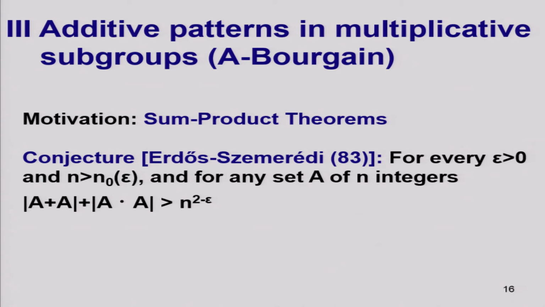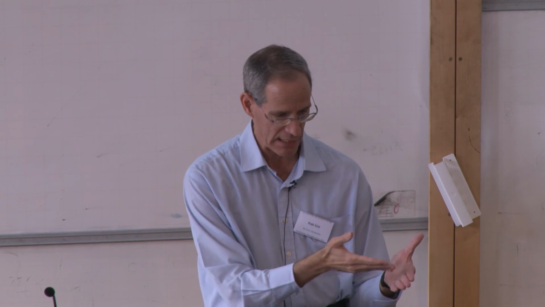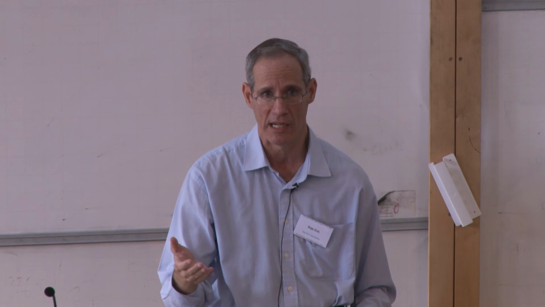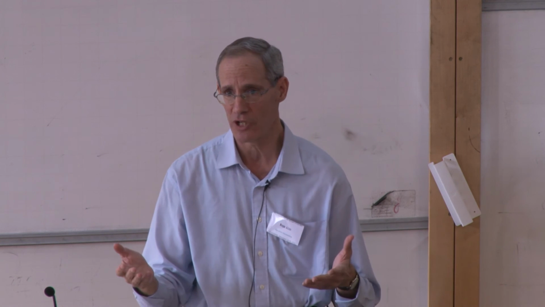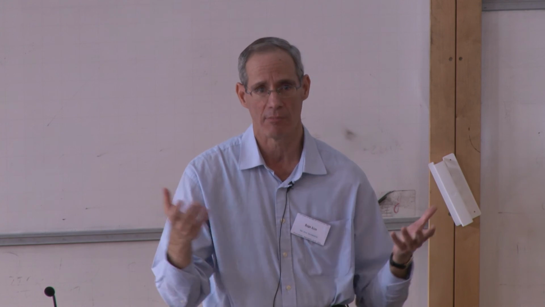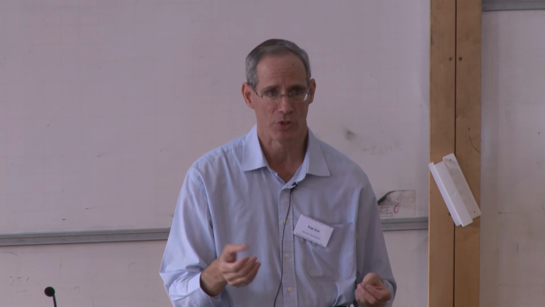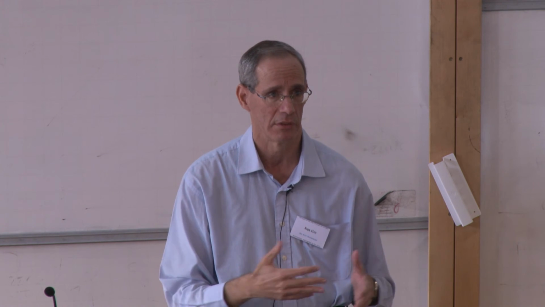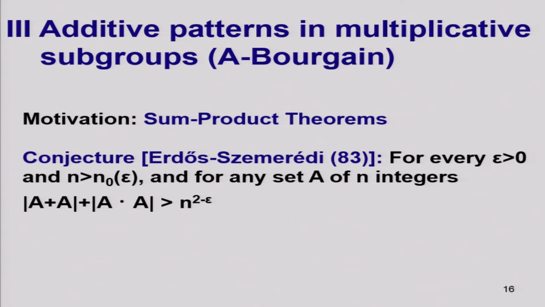But the conjecture is that it should be almost that. Now you see, a set can be an arithmetic progression, and then the number of sums is only 2n minus 1. It can be a geometric progression, and then the number of products is only 2n minus 1. But the conjecture says that it cannot be close, in some sense, to an arithmetic progression and close to a geometric progression together. Right? So this is still wide open.